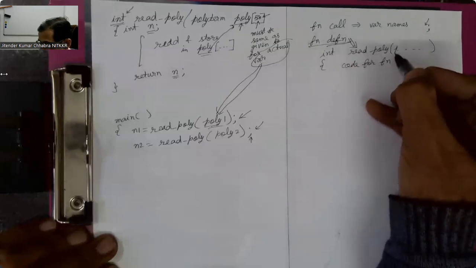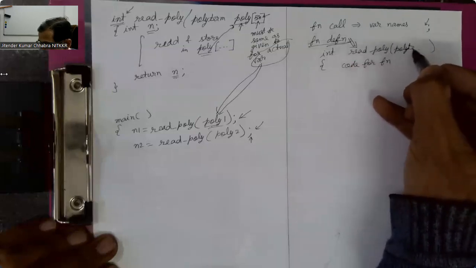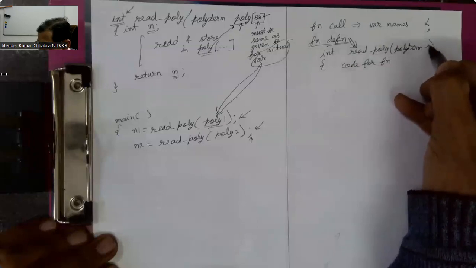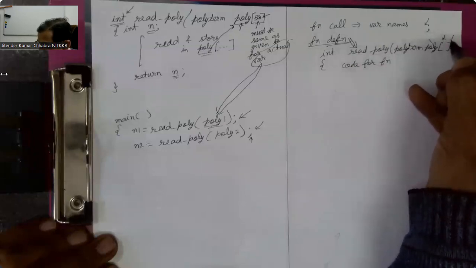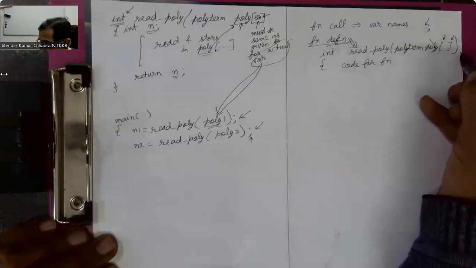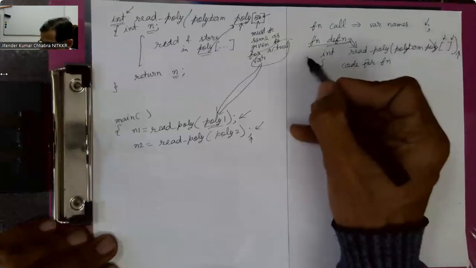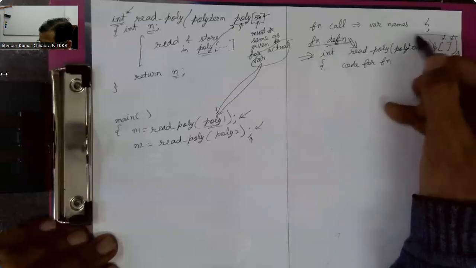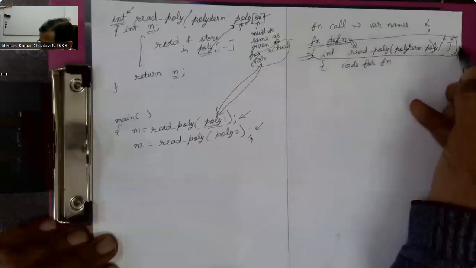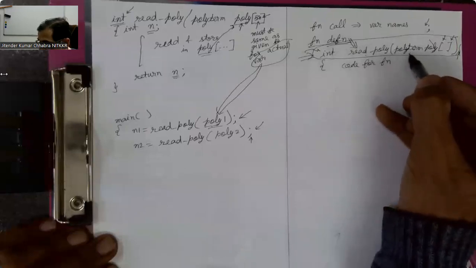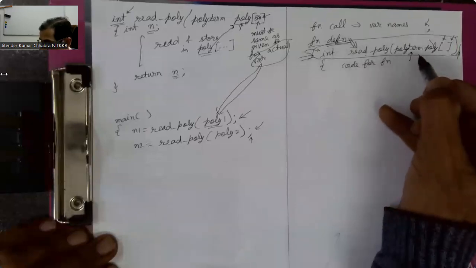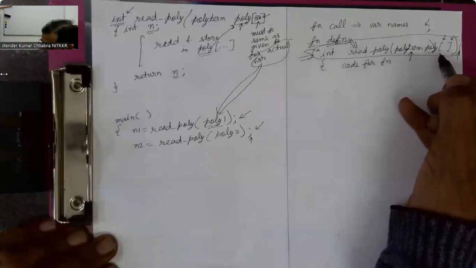In this, the data type will also be a must, and the variable name, whatever you give, along with square brackets, etc., is a must, and no semicolon at the last. So this line is your function definition. Return type is mentioned, function name, and for each variable, the corresponding data type and variable name, any simple name.